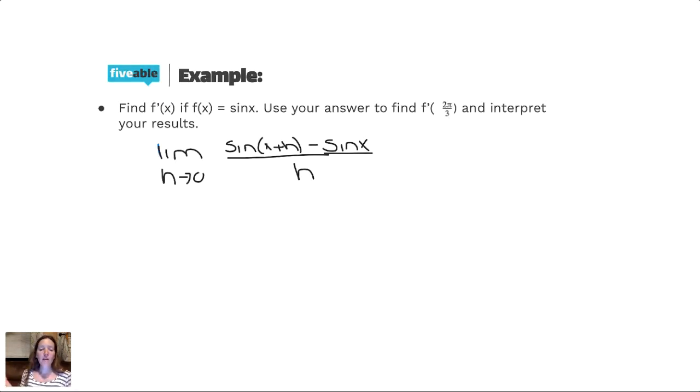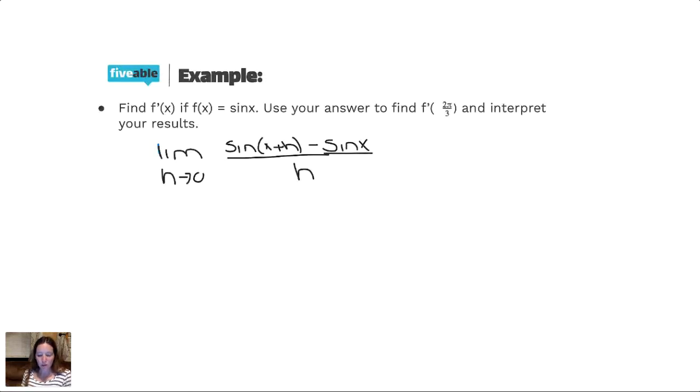So when we get stuck in algebra, I always tell my kids, well, what do we know other than algebra? And usually the answer is trig. So you have to go back and think about your trig identities. Again, I don't see this as a problem that would necessarily pop up on an AP test because they're not really testing your trig identities. But it is something that's kind of cool to see.